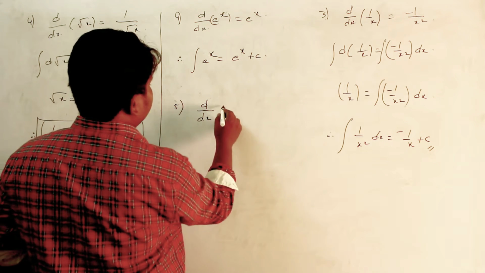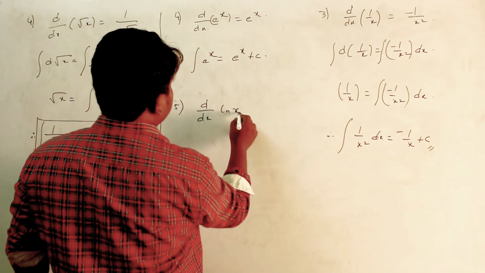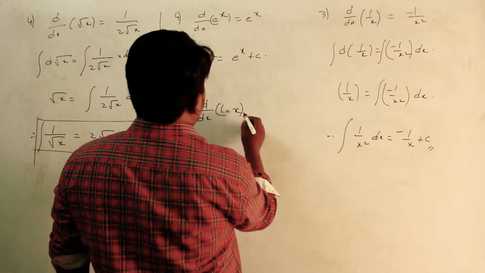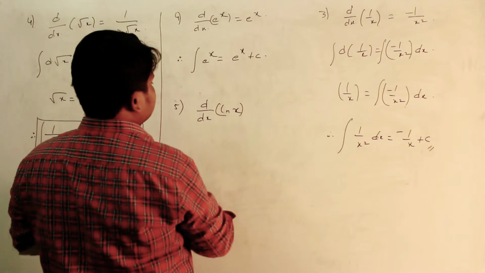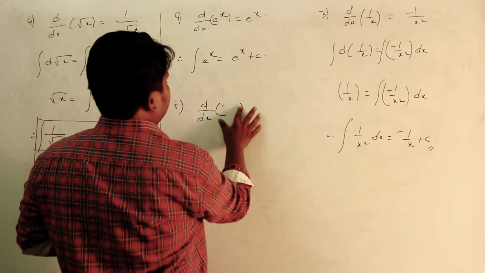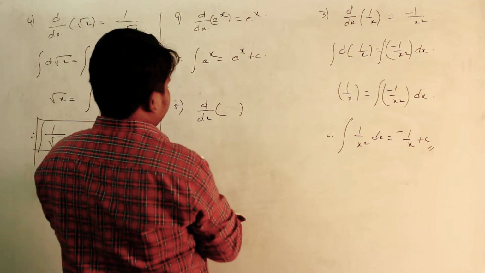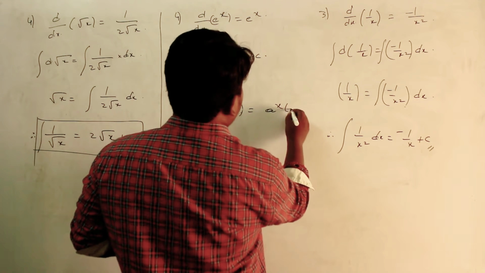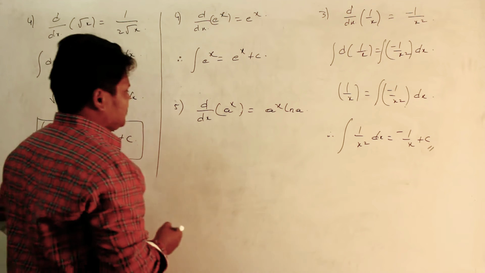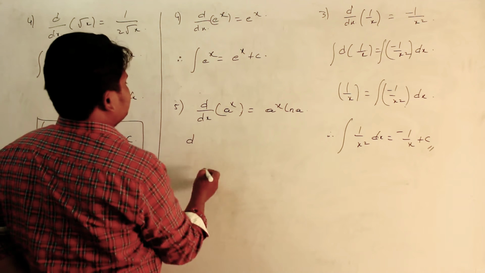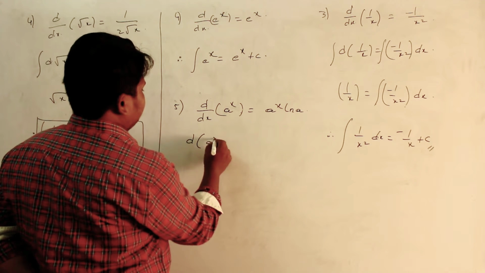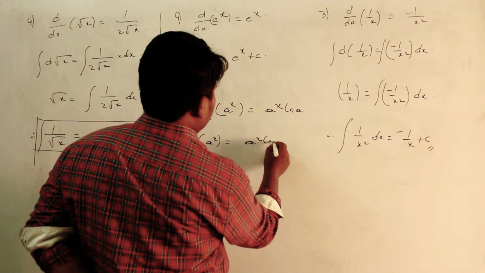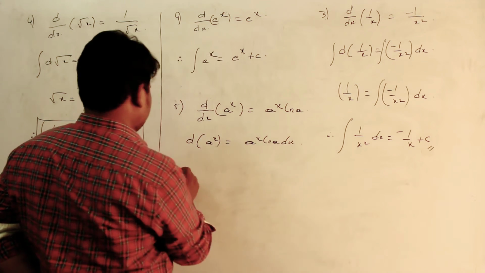So, d by dx of a power x can be written as a power x ln a. Therefore, again if we do it in the same method, d of a power x is equal to a power x ln a into dx.